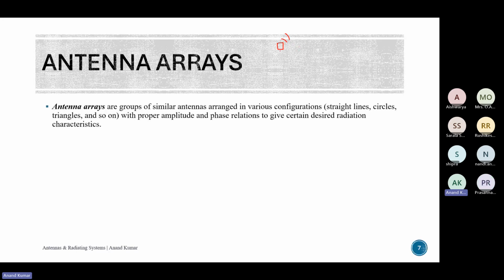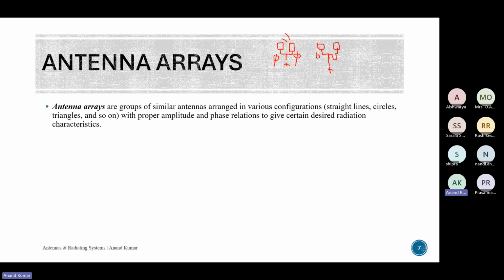What we can do is have two patch antennas and feed them together. Or we can have one patch antenna and another patch antenna, where the other one might have some phase delay as well, and over here they are being fed at the same phase.